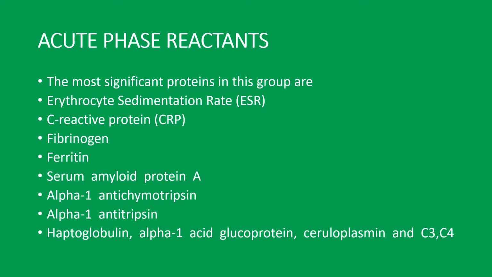Next is your C-reactive protein or your CRP, followed by your fibrinogen, and less commonly used are your ferritin, your serum amyloid protein A, your alpha-1 anti-chymotrypsin, your alpha-1 antitrypsin, and of course your haptoglobin, alpha-1 acid glycoprotein, ceruloplasmin, and C3 and C4.